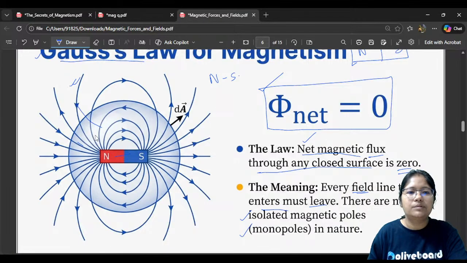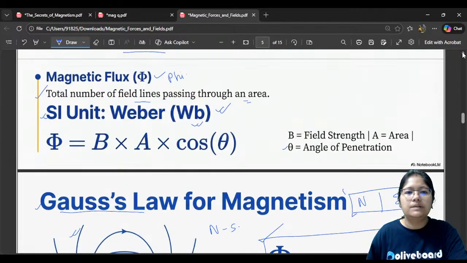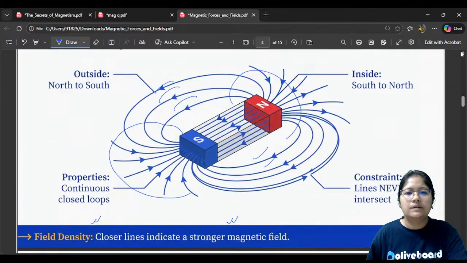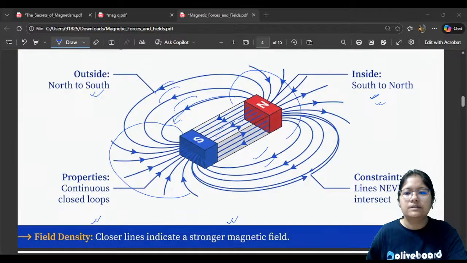This diagram was meant only for this: outside it is north to south, and inside it is south to north. So like that you can see this.